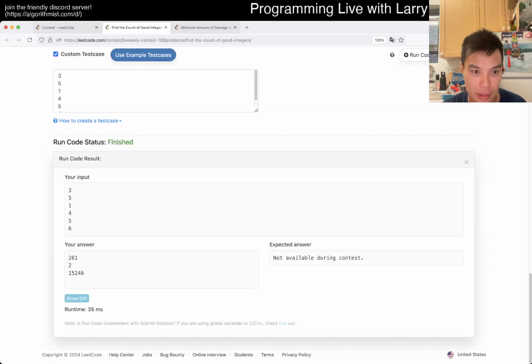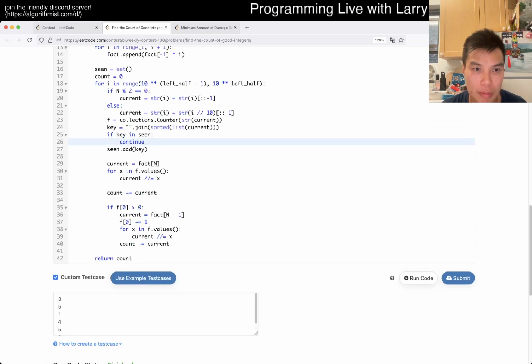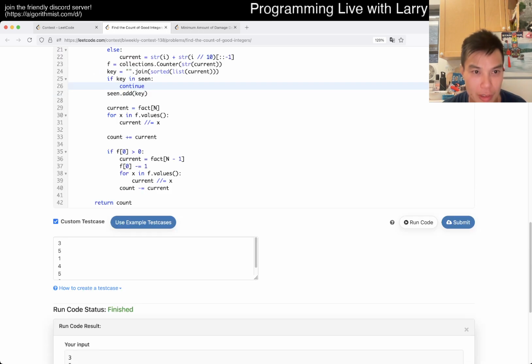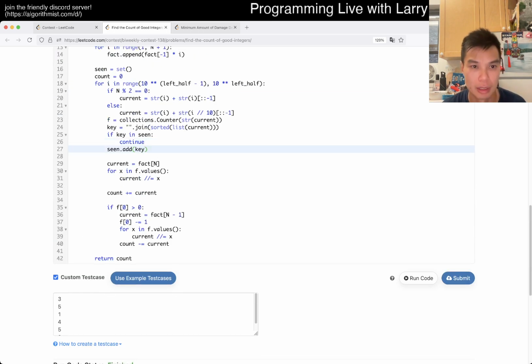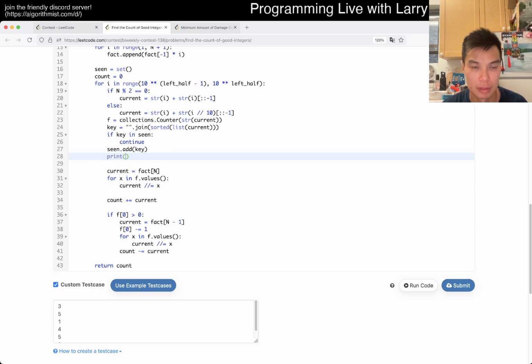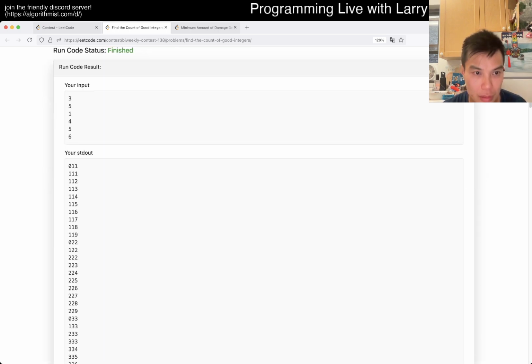It's yucky. I thought that this would work actually, honestly, but okay, fine. Why? Zero, 1, 1. So we should have already done this one.